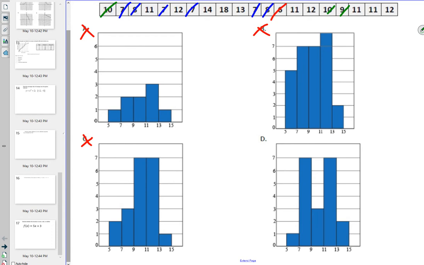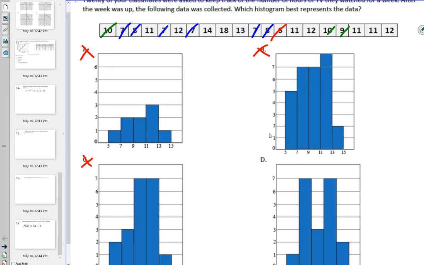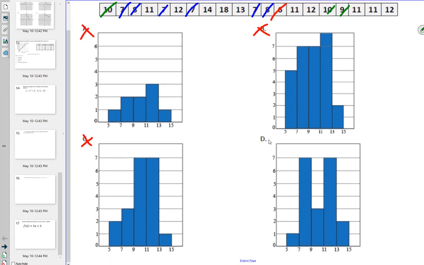Oh man, I might have messed up. 20 of your classmates were asked to keep track of the number of hours, because this thing doesn't even go up to 18. Which histogram best represents the data? They have an 18 here, but that's not even accounted for.